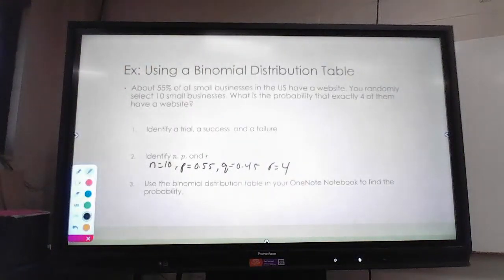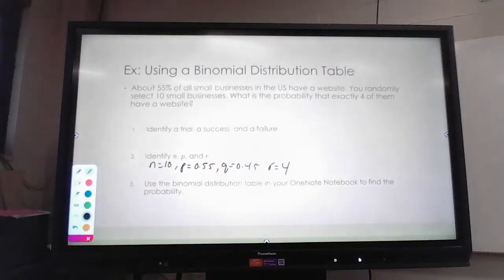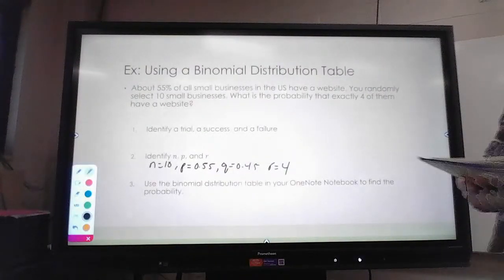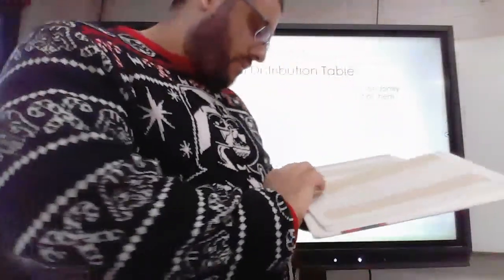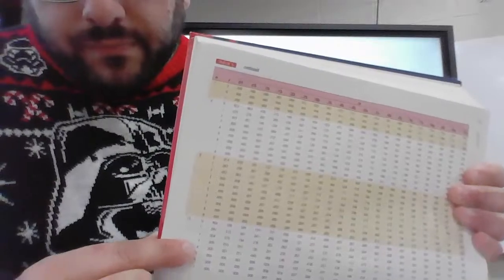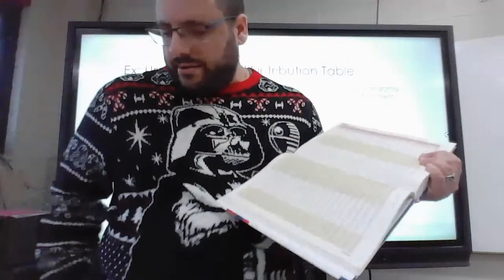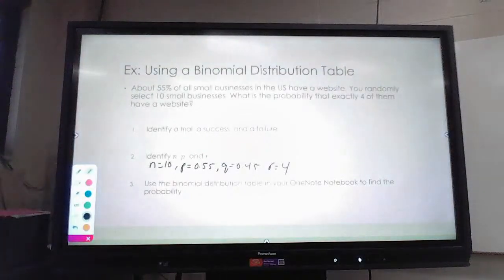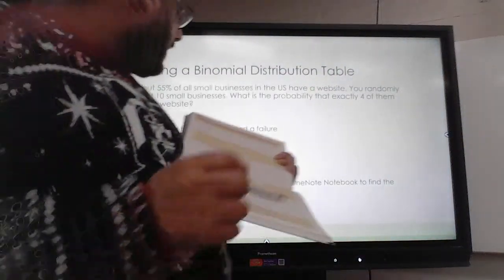If I go back to my table and look for N being 10, which is right here, and my R being 4, that's right here, I find my value of P being 0.55. That's this column here.